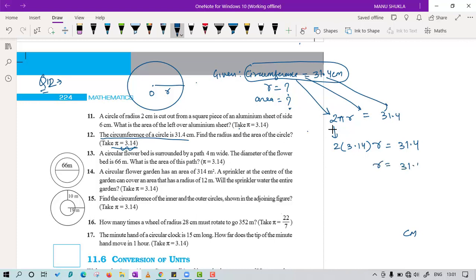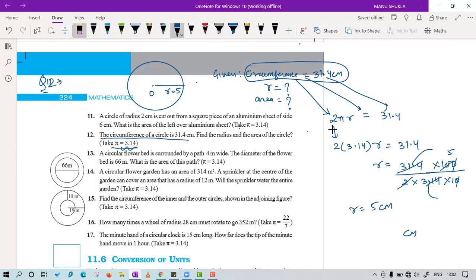So R is equal to 31.4 upon 2 into 3.14. Again, decimals are there. If you like, you can remove them like this, and then 0 cancel. Finally 314 gone, 2 5s are 10. So we have got the value of R as 5 centimeter.